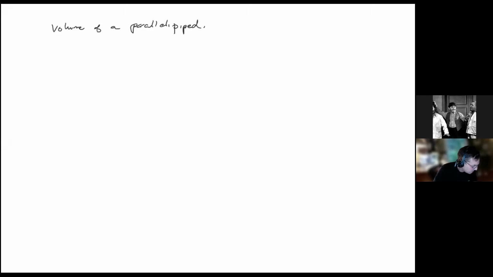Okay, so what's a parallelepiped? You have 3 vectors in R3, and let's say v, w, and, oh, I don't know, p. So here's v. We put them together so that they're all at the origin. Their tails are at the origin. Here's w, and here's p.